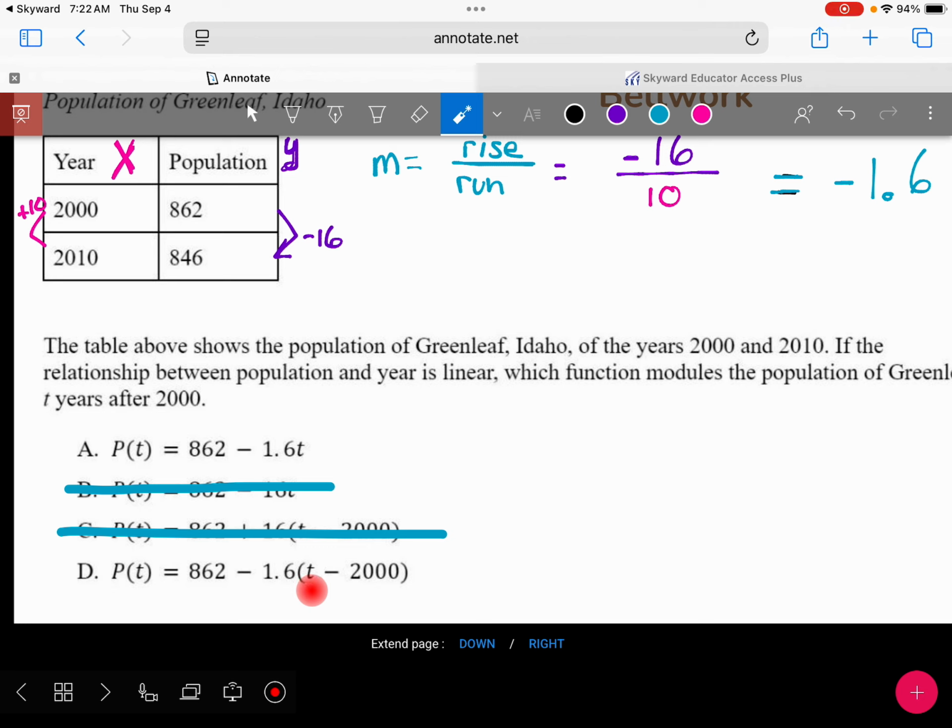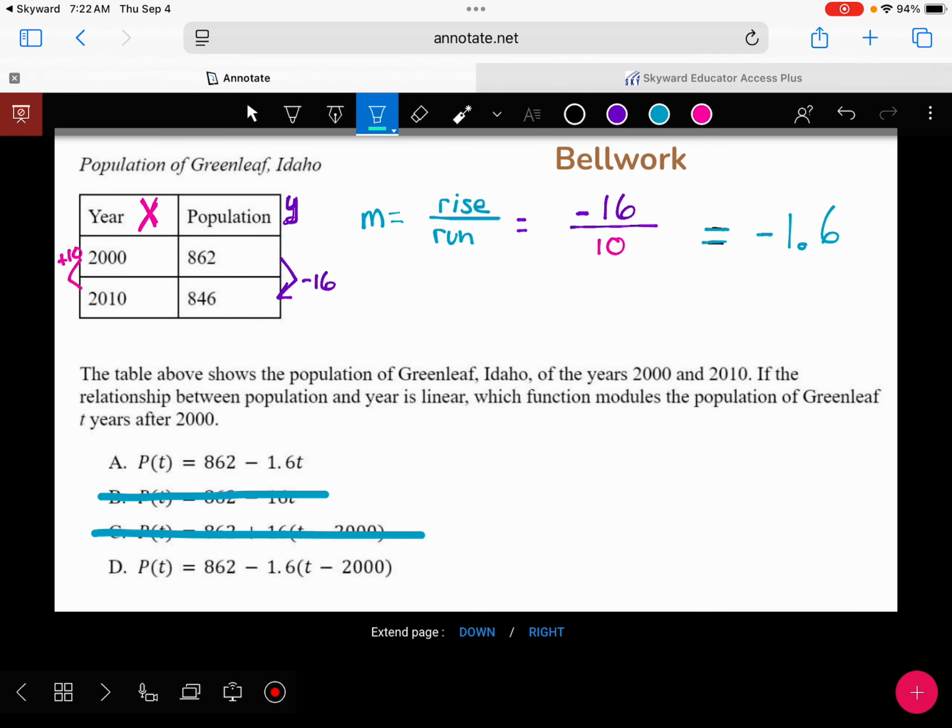The phrase that tells us this is that t years after 2000 means we just want to have t. If I have that it's 10 years after 2000 and I take away 2000, that is going to be a massive number and negative and gross.